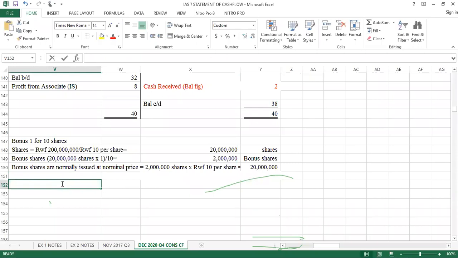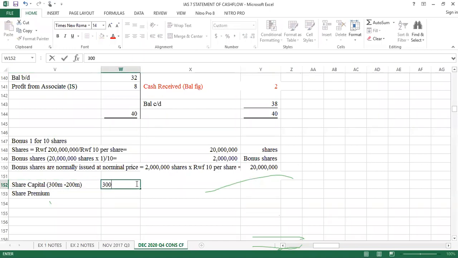So look at this: share capital and share premium. Please just be patient. I'm just trying to explain to that person, and then we wind up the class. So it was 300 million minus 200 million, which gives you 100.